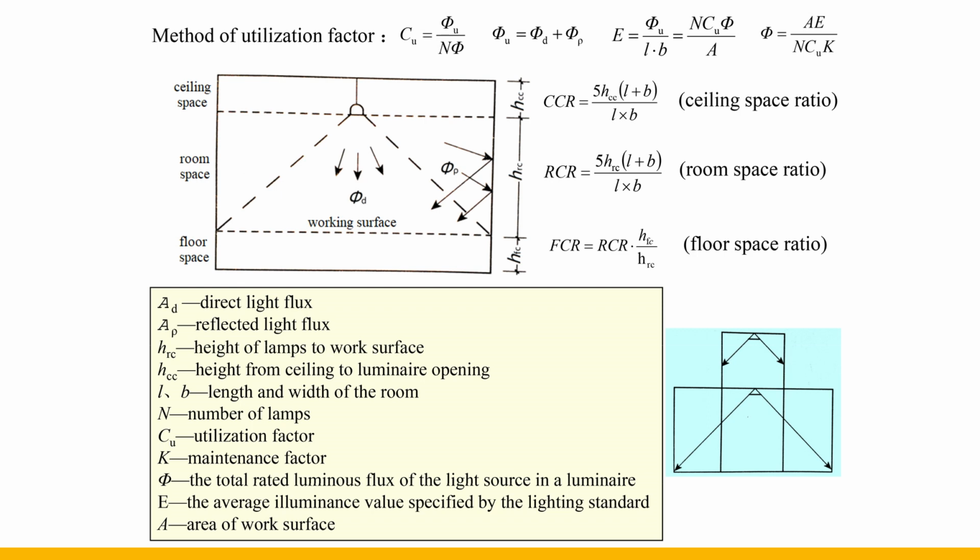Using this formula, the number of lamps can be obtained when the power of a single lamp has been determined. When the number of lamps has been determined, the single lamp flux can be determined, and then the single lamp power can be determined.